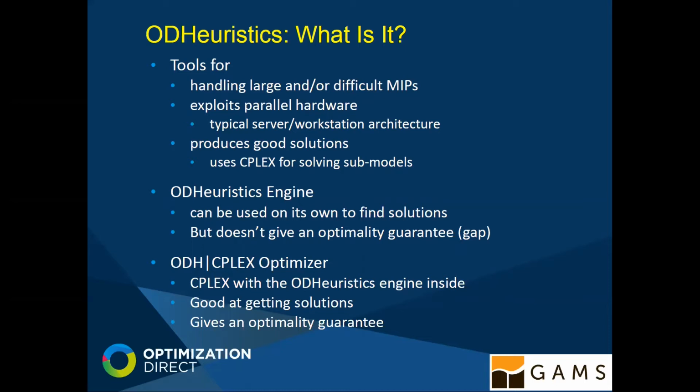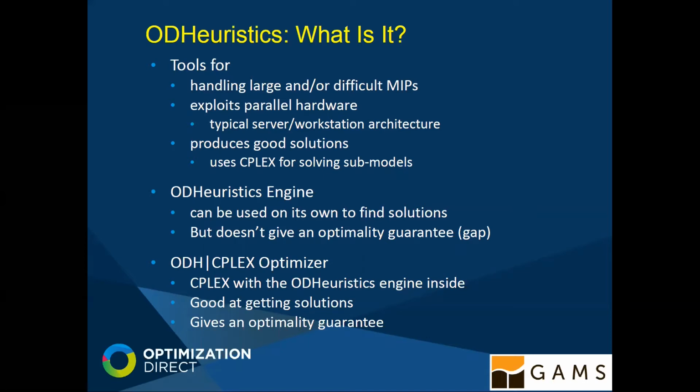Now, the basic heuristics engine itself can be used to find solutions on its own, and those can be extremely useful. Many of our users use it for doing just that, but it doesn't give any kind of an optimality guarantee or percentage gap that people are now used to seeing to let you know how close it is to some kind of proven optimality.